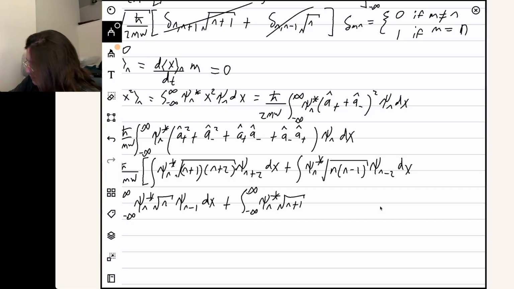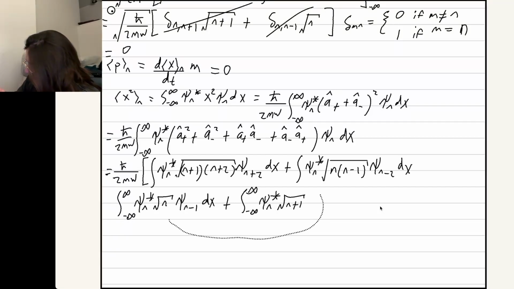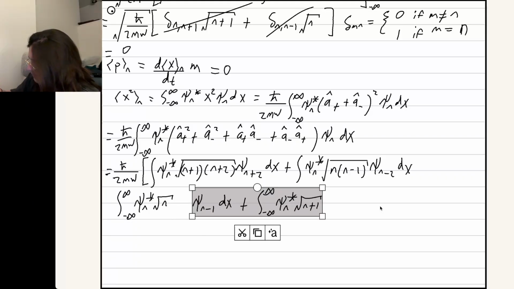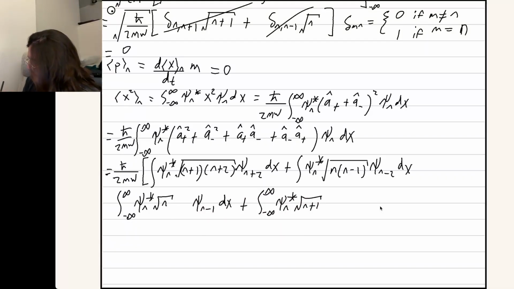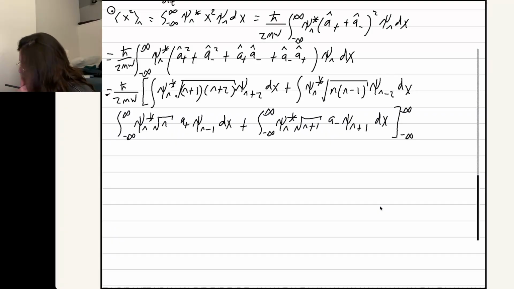And actually, this thing still has to act the raising operator on this, and the lowering operator is acting on psi n plus 1 now. Right? And all of that is being integrated from minus infinity to infinity. I don't know why I wrote it like that.